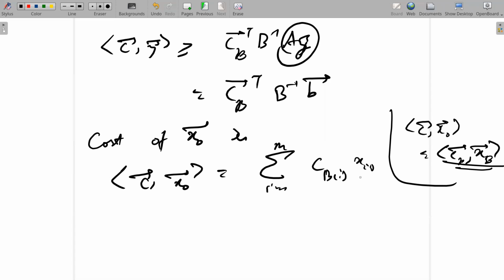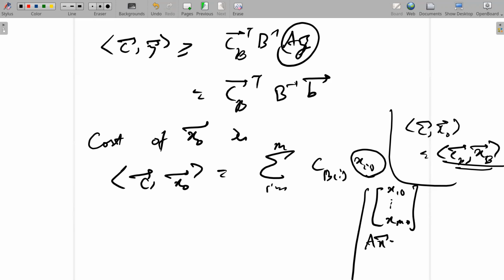All right, so what is x_i naught? B inverse b, exactly. So you have x_1 naught through x_m naught. The way we had always seen it, Ax is nothing but A_B x_B plus A_B complement x_B complement, but this second term is always a zero vector.